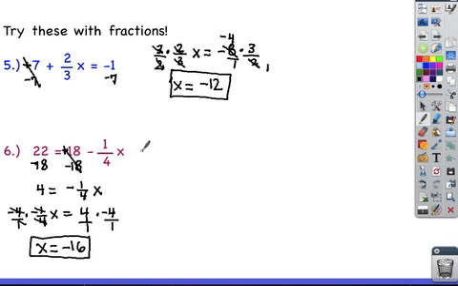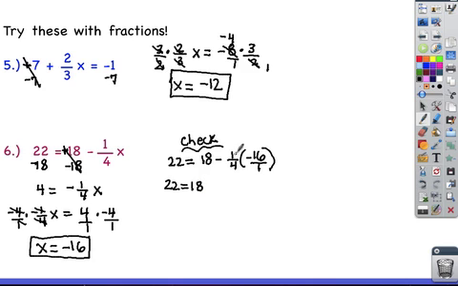Now, if we're ever unsure of our answer, you can always plug in what you get for the variable and see if it works. So to check this, we would say 22 equals 18 minus 1/4 times negative 16, which is like negative 16 over 1. Now I can start by cross-reducing.